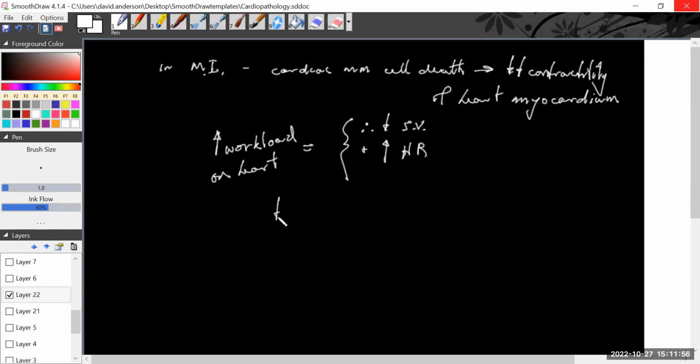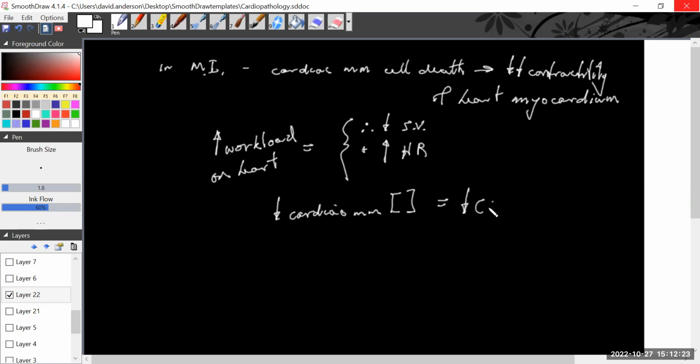But the decreased contractions, remember I use the square brackets for contractions. Now I'll put the brackets in here so we understand that's decreased cardiac muscle contractions.